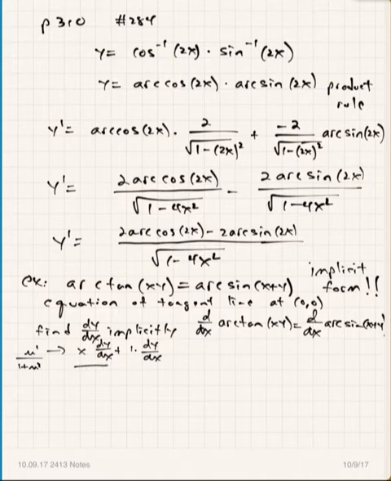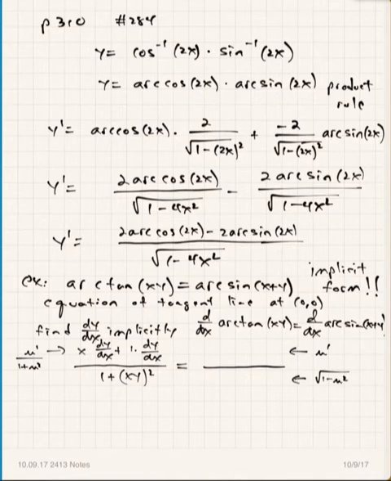The denominator would just be 1 plus u squared, so it'd be 1 plus xy quantity squared. All right, and that would equal, on the other side of the equation, you have a fraction over there also. And on the top, this is going to be u prime, and on the bottom, it's going to be the square root of 1 minus u squared. That's our arcsine form.